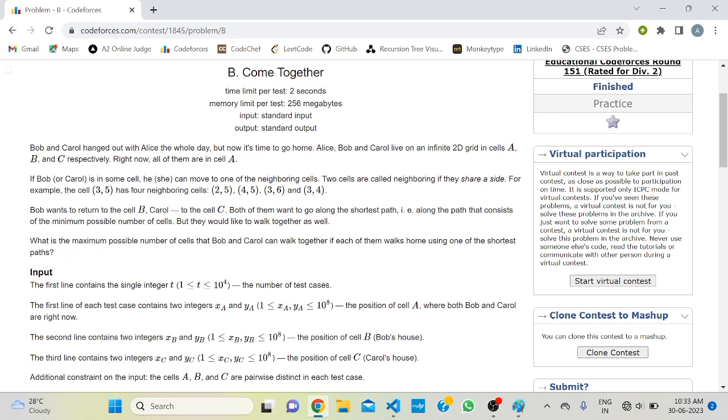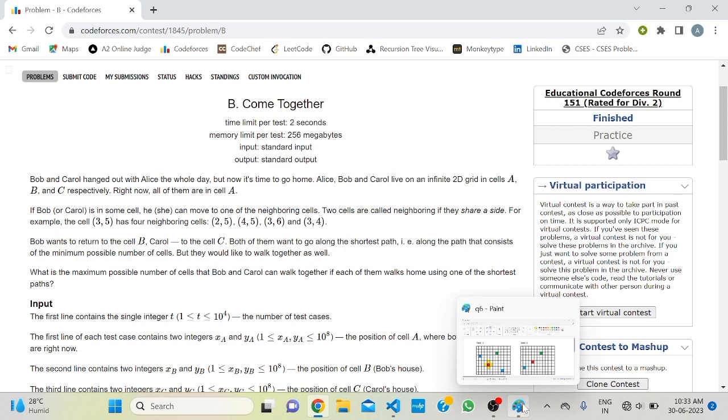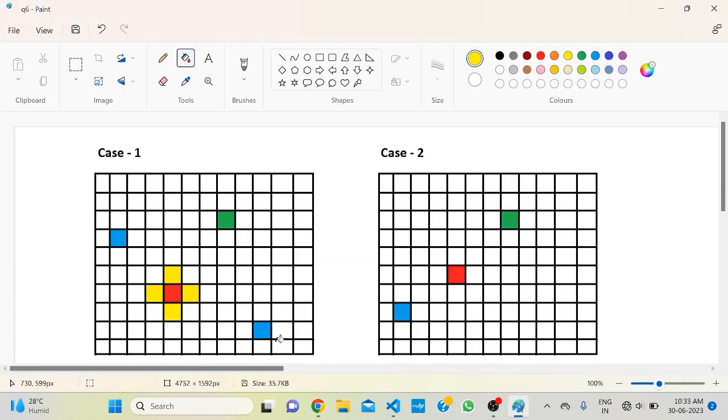So what is the maximum possible number of cells that Bob and Carol can walk together if each of them walks home using one of the shortest paths? So we have to print the maximum number of cells up to which Bob and Carol are together. So it is easy. Let's check the code.